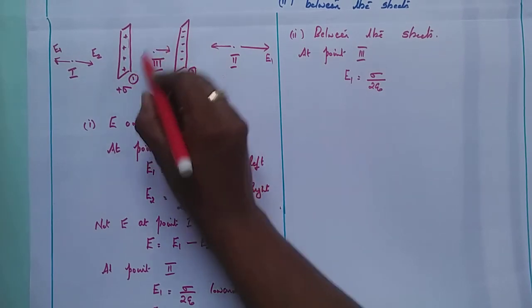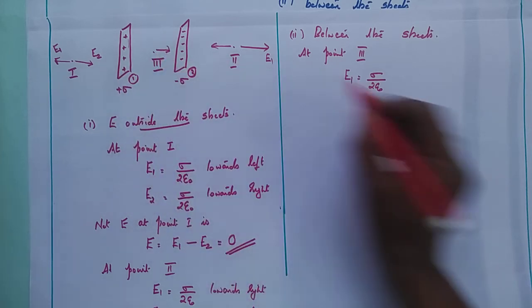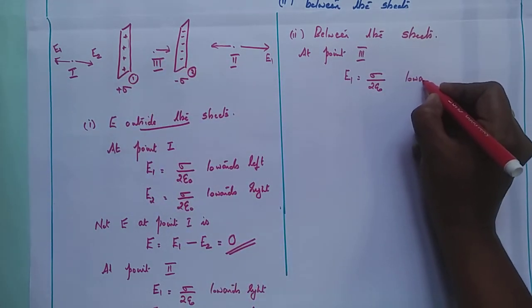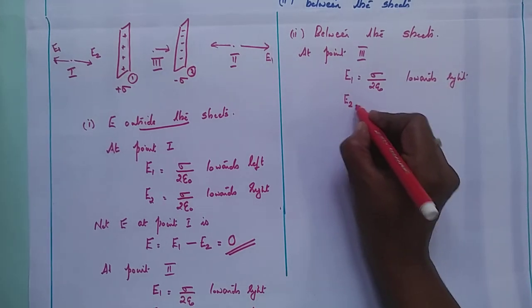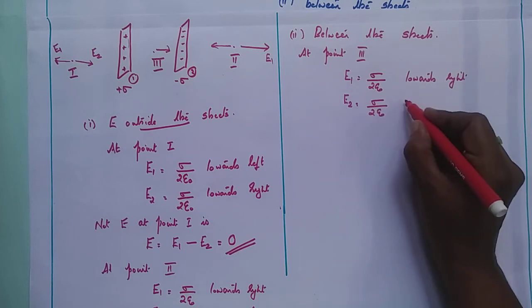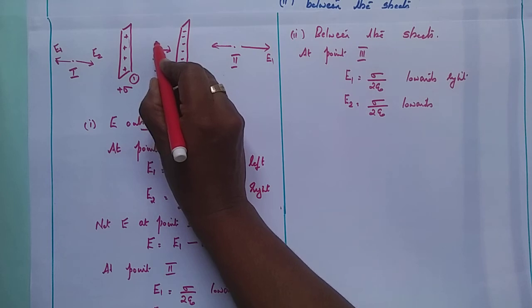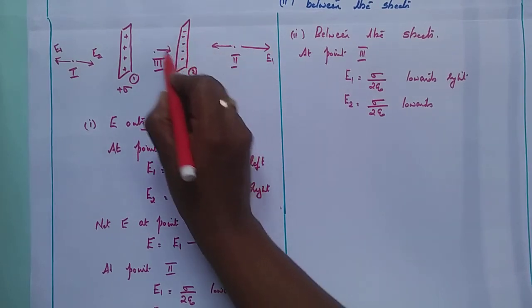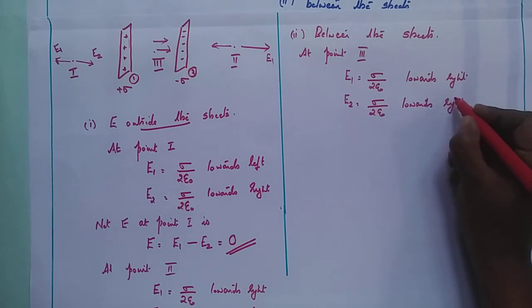If you place a unit positive charge here, due to this positive charge it will be repelled, so towards right. And electric field at the same point due to the negative charged sheet is sigma by 2 epsilon 0, and its direction is also towards right, because if you place a unit positive charge here, due to this negative charge sheet, it will be attracted. So both are in the same direction.